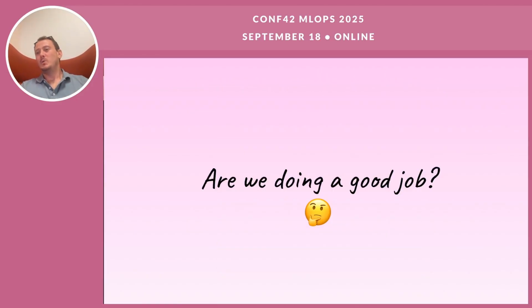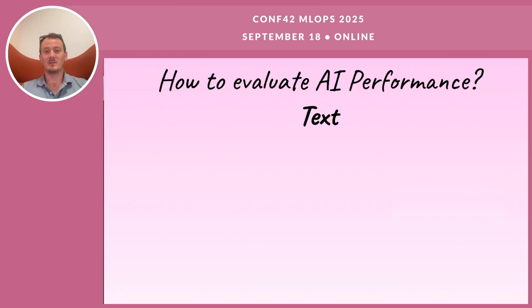But how do we even know that we're doing a good job? How do we know that our system is doing what our users want? I bet many of you right now are thinking about evals and evaluation in general. And you're correct. The way to understand if an AI system is working correctly is by evaluation.